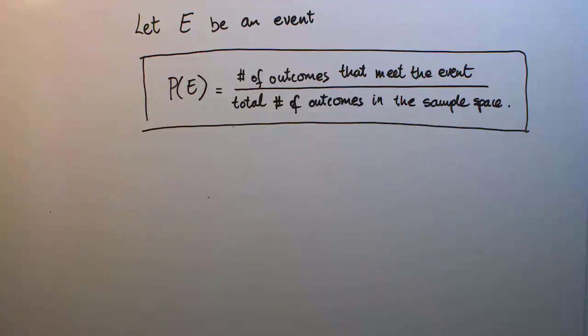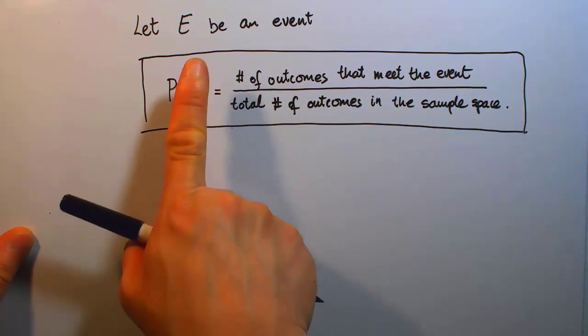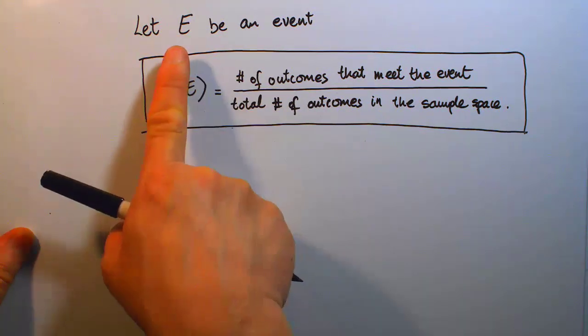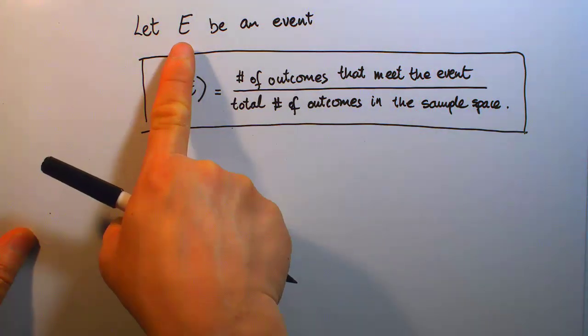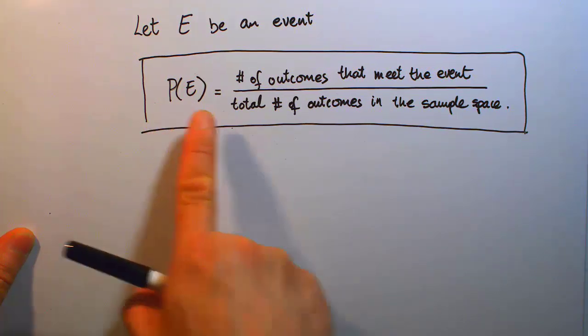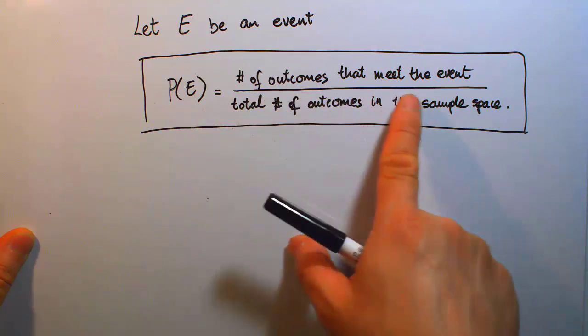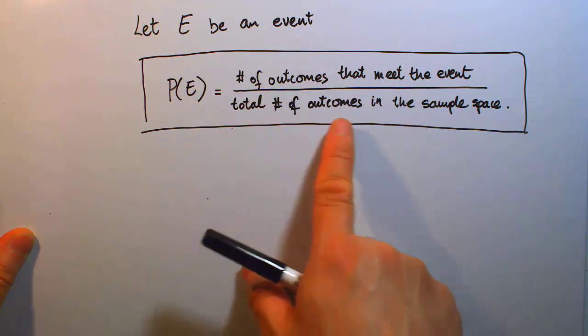And so mathematically it reduces down to 0. All right, and once again, allow me to take things a little bit off direction, and we'll be back to what we were doing. We generalized earlier that anytime capital E is an event, then the probability of E is simply found by finding the number of outcomes that meet the event over the total number of outcomes in the sample space.